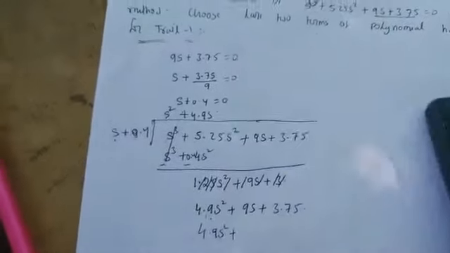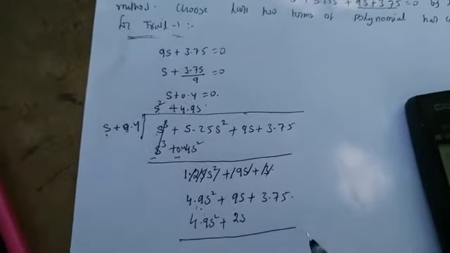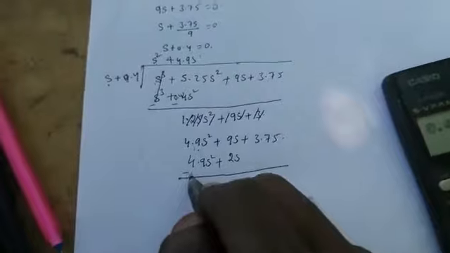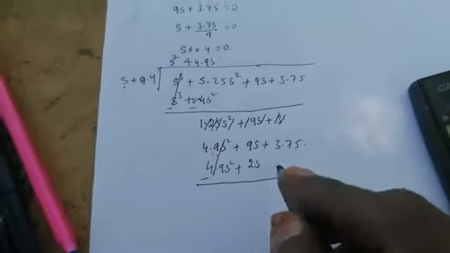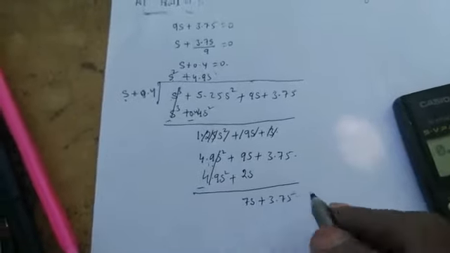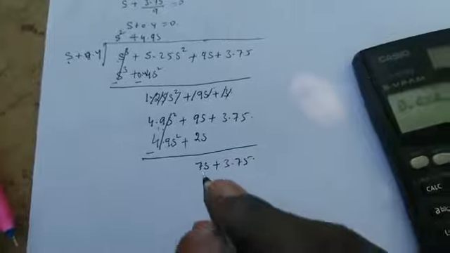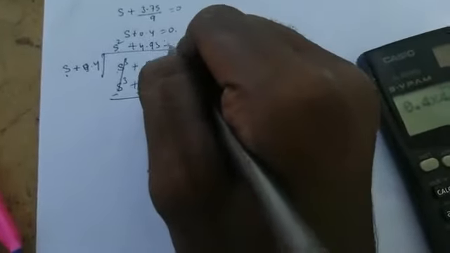So you will get 2s. If you apply the minus, both will get cancelled. Here you will get 7s plus 3.75. Now we have to cancel the s term, that is 7s. How can we get 7s? By multiplying by 7.